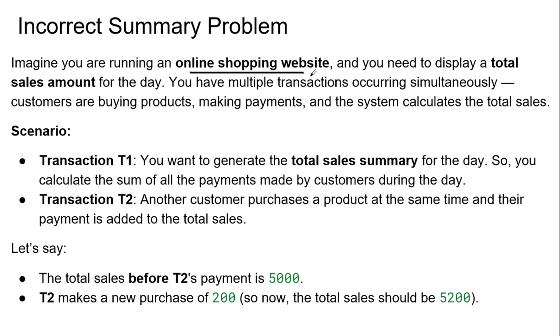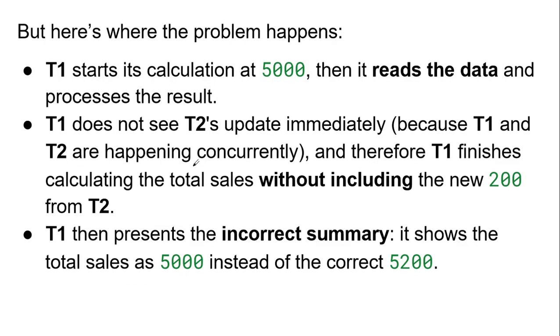The date is the same because we are preparing the summary for a particular day, but on the same day, at the same time, another customer is coming and buying. So this makes my summary incorrect again. I need to go and check which person bought which product, which makes my summary unbalanced. So this particular problem we call the incorrect summary problem.